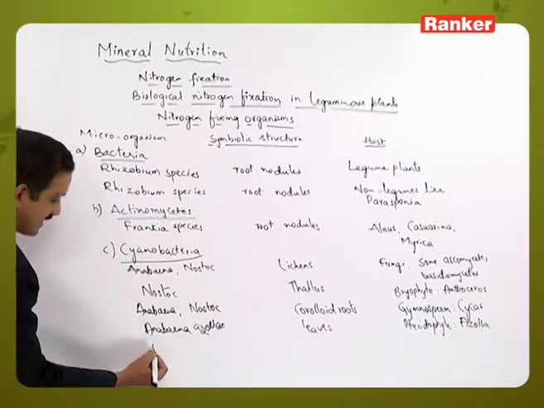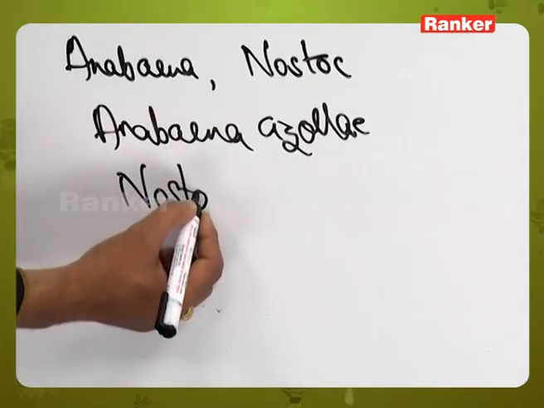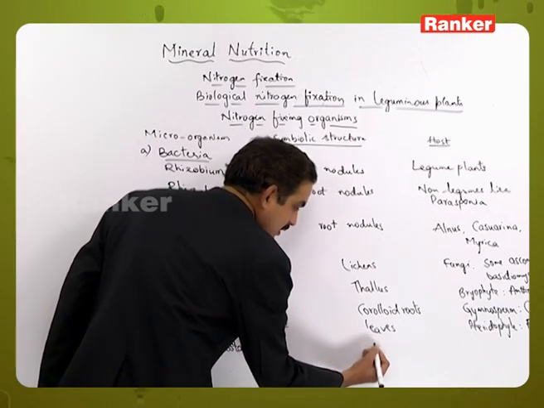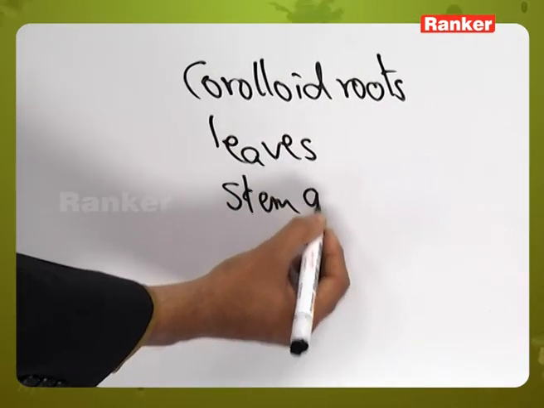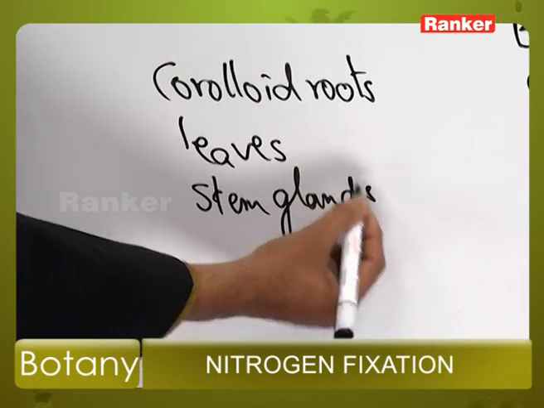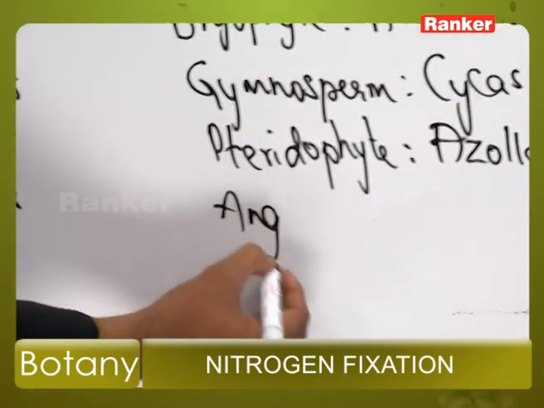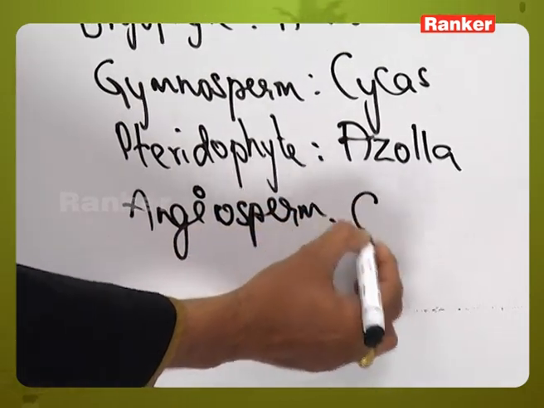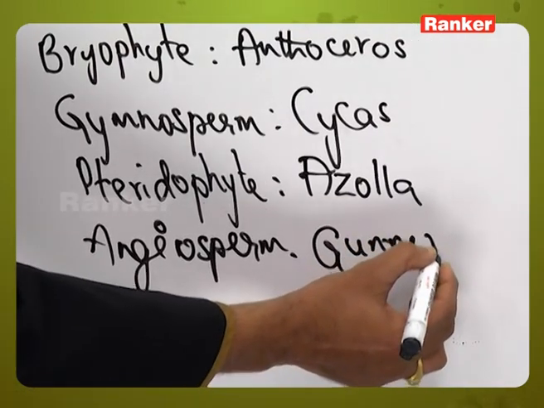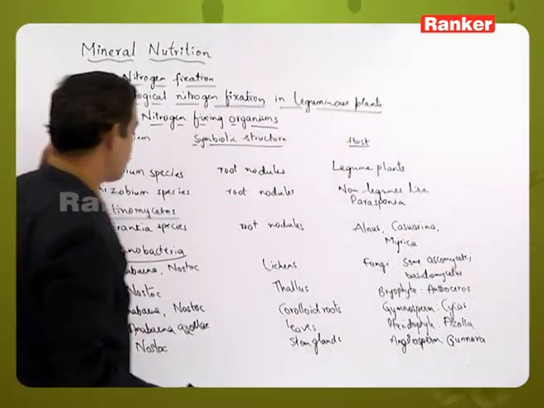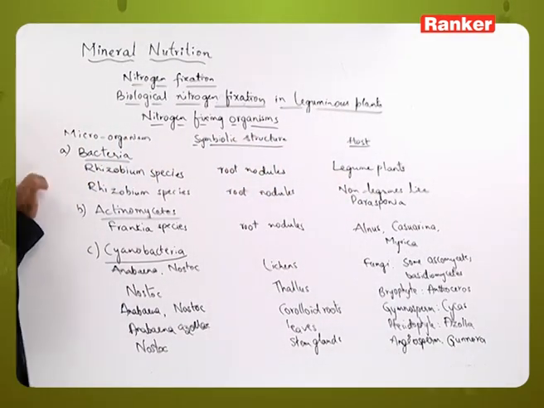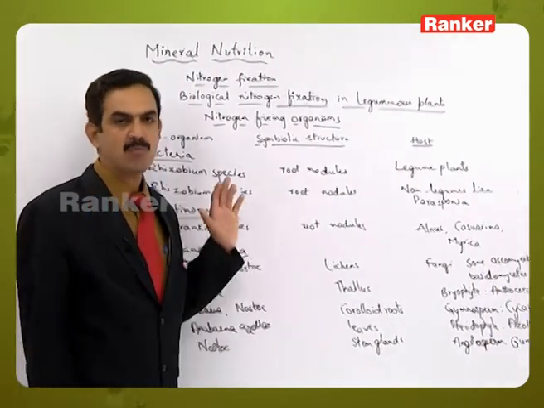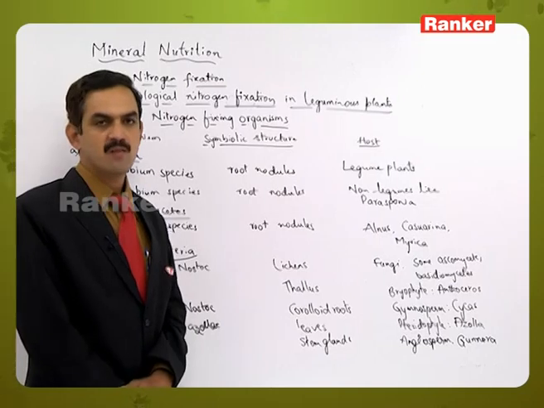And some members of Nostoc, like one of the species of Nostoc, will form stem glands in angiosperms like Gunnera. Likewise, these are some of the examples of biological nitrogen fixers and the structures which have been formed by them and helping in nitrogen fixation.